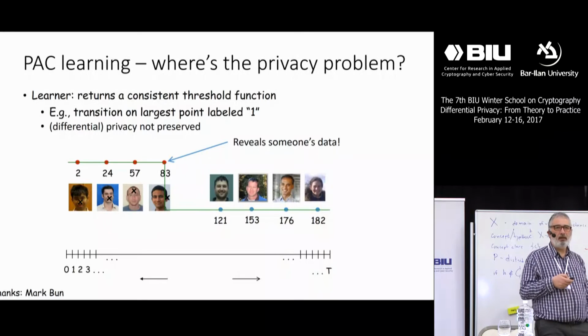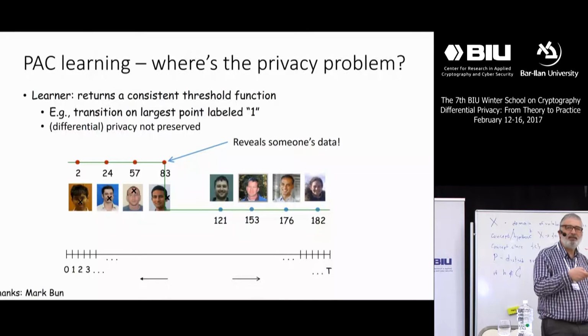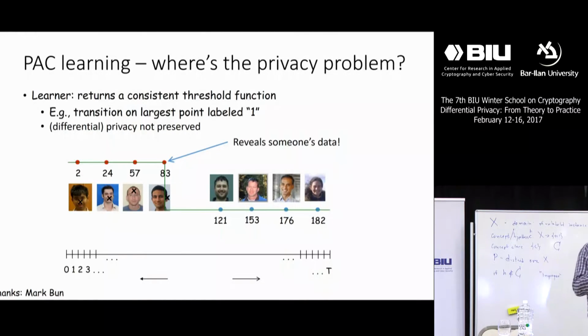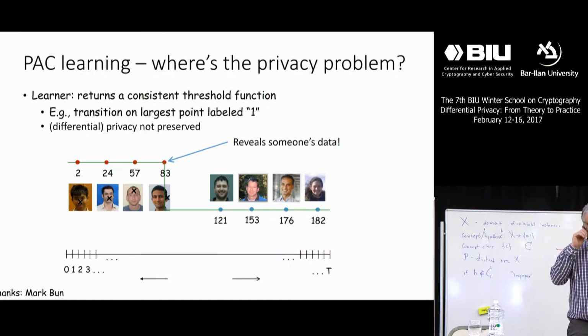So it feels that there is something wrong here, not only because we don't obey the definition of differential privacy, but inherently there is something non-private in this procedure. So although our goal in learning is not to learn about a specific individual, we are trying to learn about the distribution, although privacy is not necessarily contradictory to this goal, the fact that we learn and produce a specific hypothesis doesn't mean that we still preserve privacy.